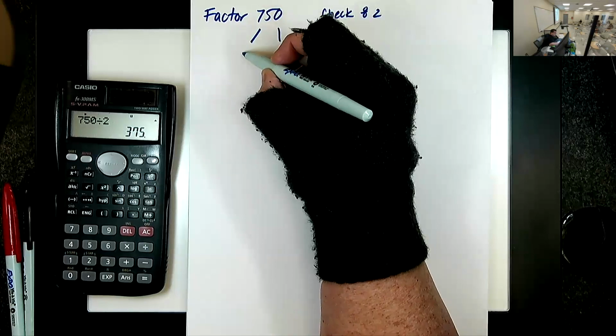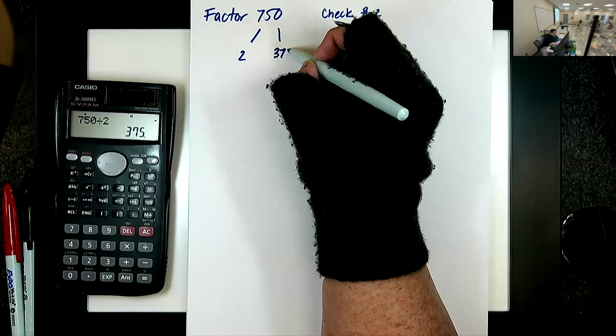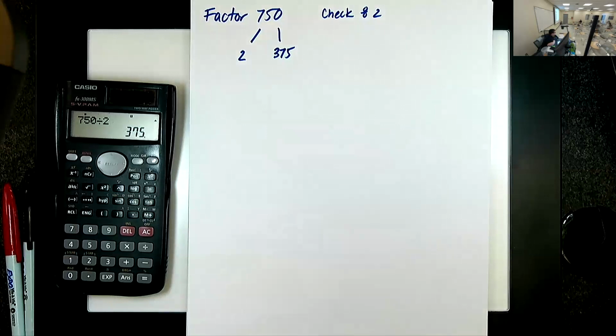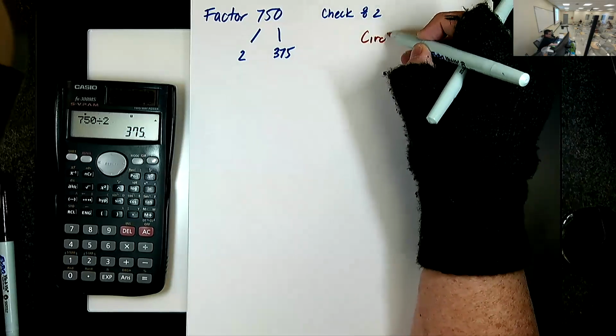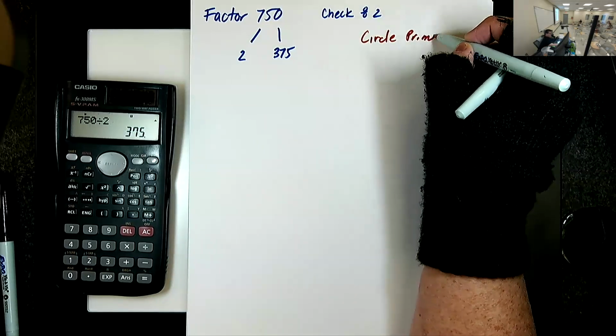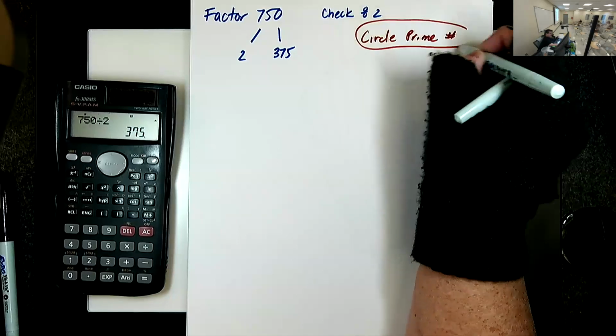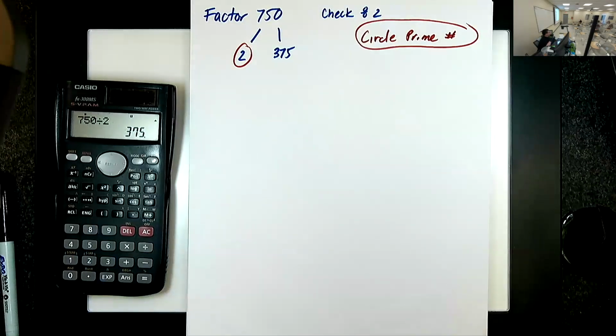So I'm going to show this as 2 and 375. And it helps to circle prime numbers so that you know you don't fuck with them, because you can't make them go any smaller.